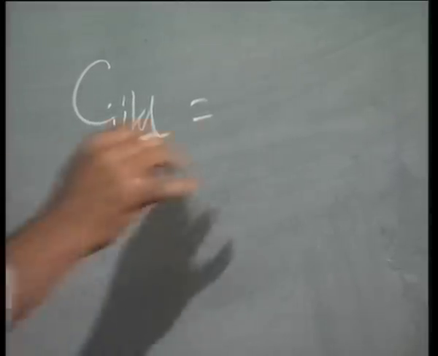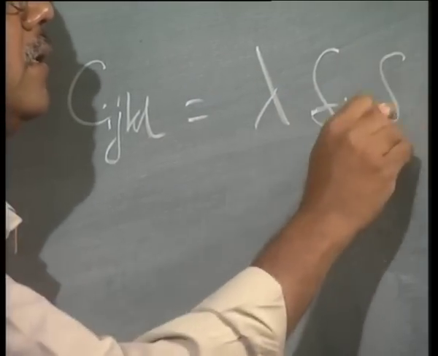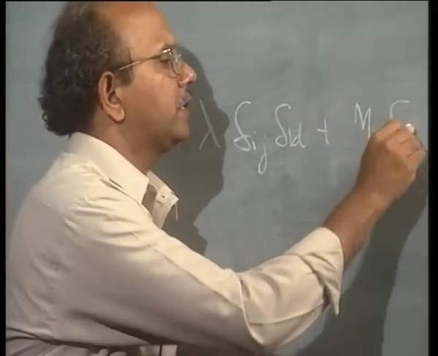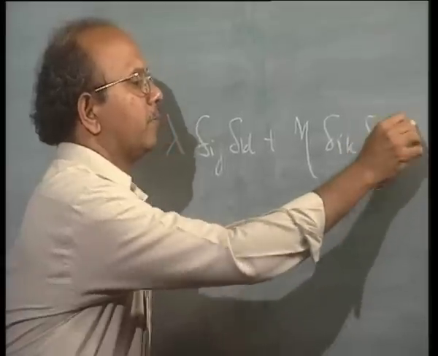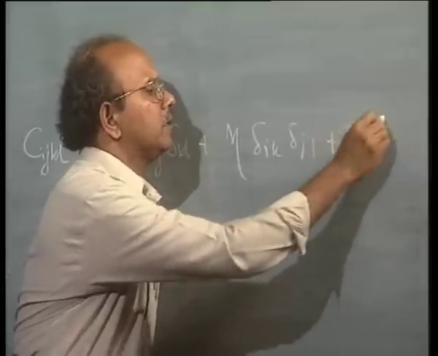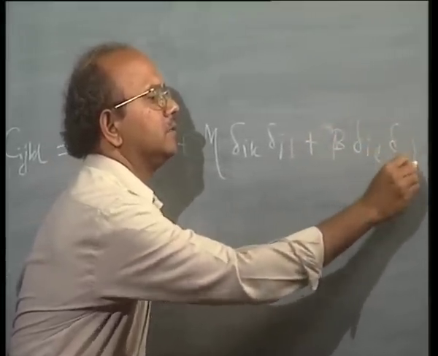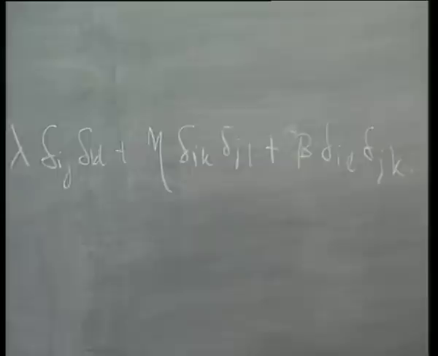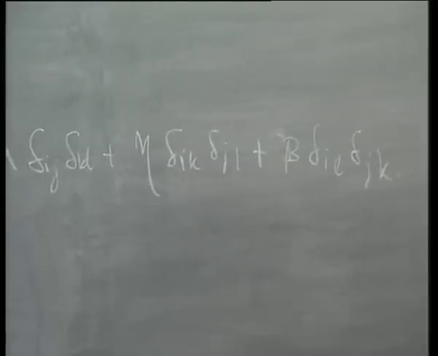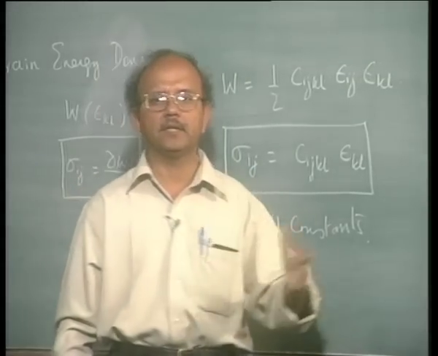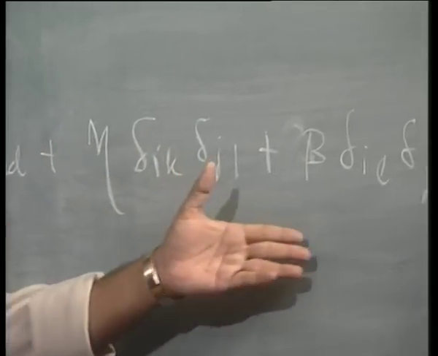Say, for example, lambda delta_ij delta_kl plus eta delta_ik delta_jl plus beta delta_il delta_jk. He said that an isotropic 4th order tensor can be written in this fashion.